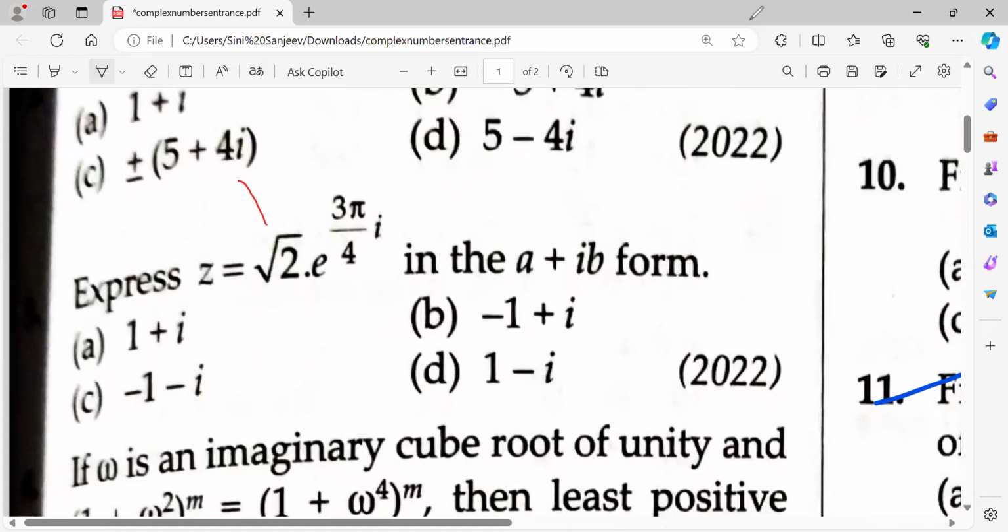Express z is equal to root 2 e power 3 pi by 4 i in the form a plus ib. How to do this question? See, for example, in these kinds of questions the options are 1 plus i, minus 1 plus i, minus 1 minus i, 1 minus i and all, right? Correct? So how to do this question easily?